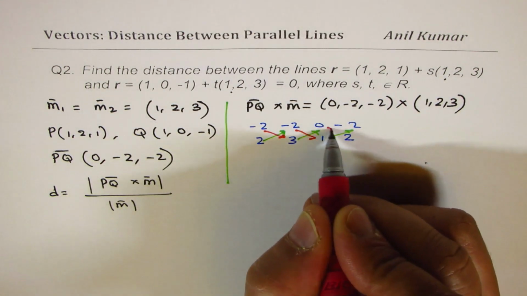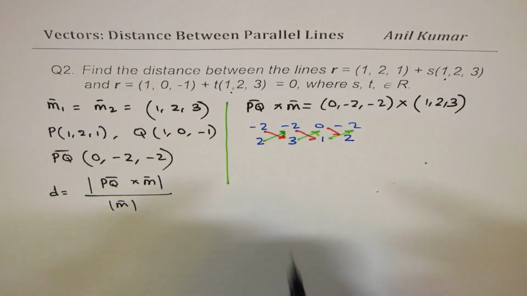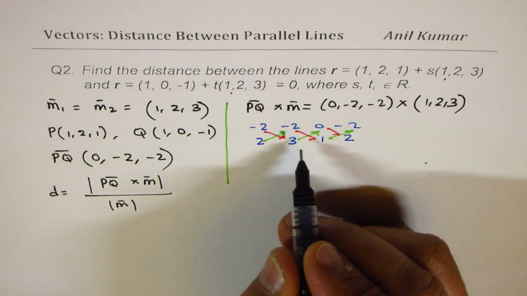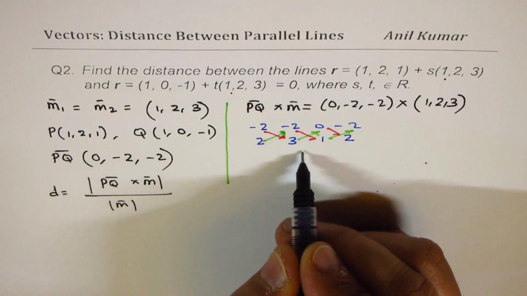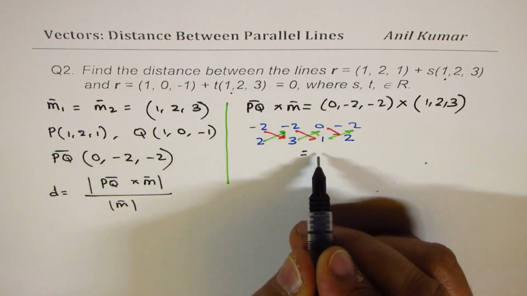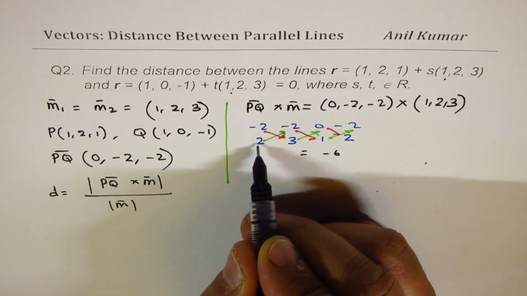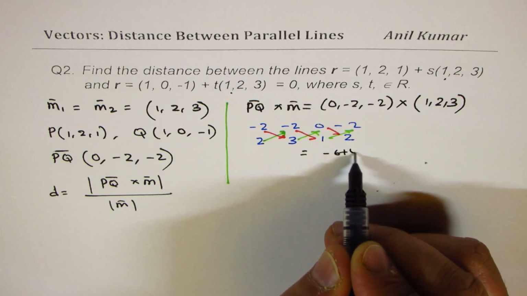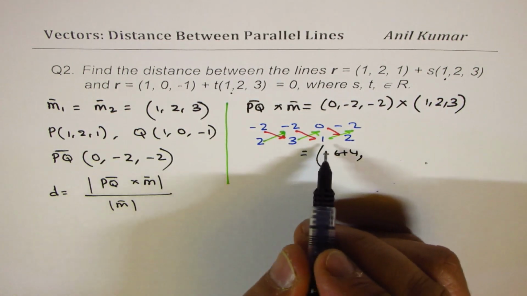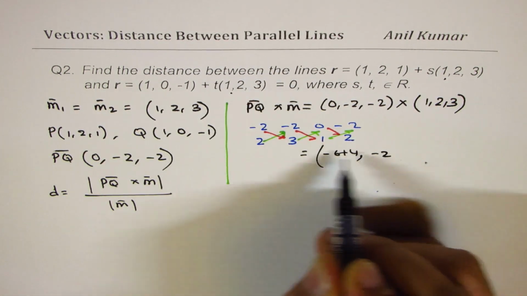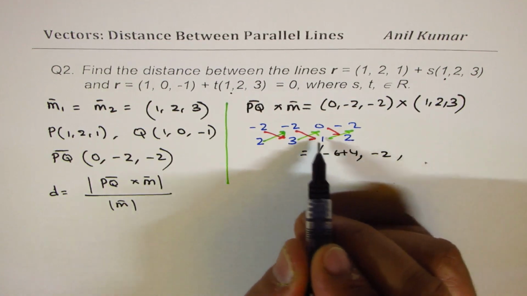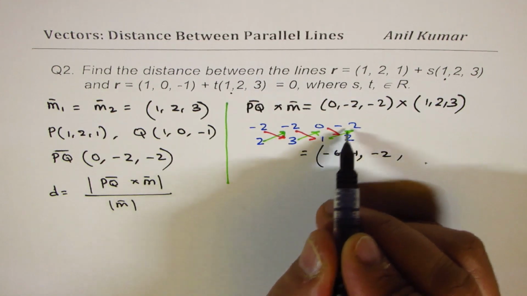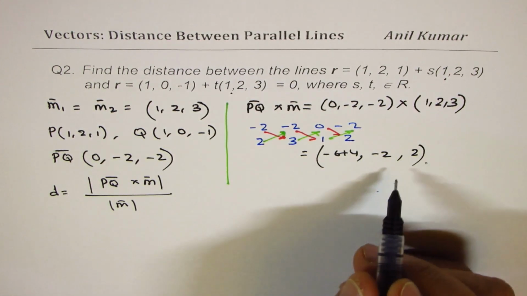To find each component, that gives us the i component as minus 6, minus of minus becomes plus 4. The j component is minus 2, that is 0. And the k component is 0, minus becomes plus 2.